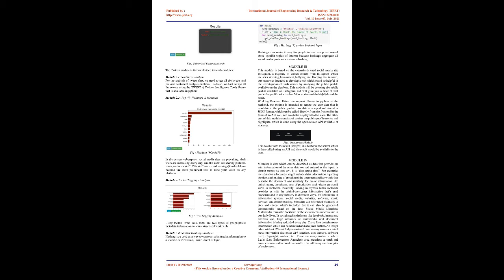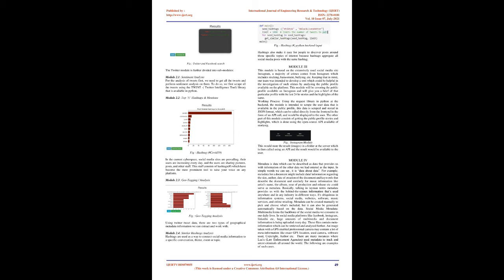Module 2.1, Sentiment Analysis. For the analysis of tweets, first we need to get all the tweets and perform sentiment analysis on them. To do so, we first scrape all the tweets using the TWINT, Twitter Intelligence Tool, library that is available in Python.